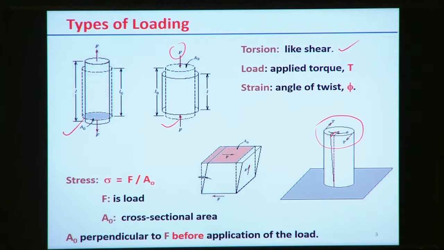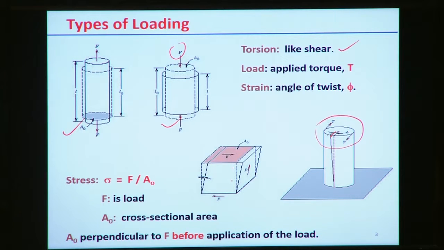Similarly, we can define the application of a shear load, and find the different kinds of shear stresses here also. In this case, on this face there is application of a load, and that load is parallel to the cross-sectional area.